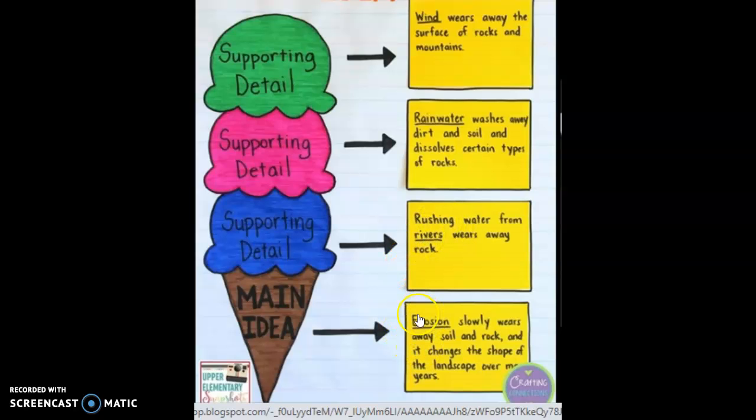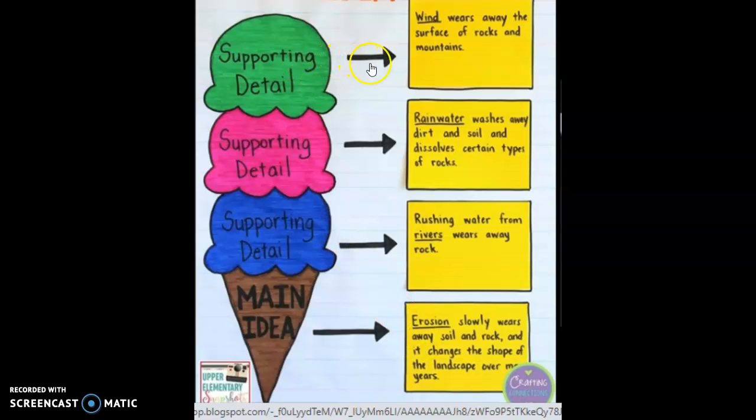It has to do with your main idea. Our next supporting detail is rainwater washes away dirt and soil and dissolves certain types of rocks. So again, this supporting detail is one way that erosion occurs. So your supporting detail goes back to your main idea.